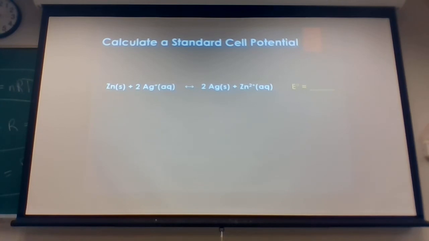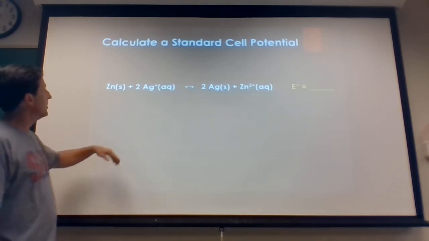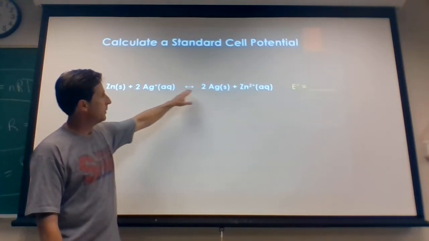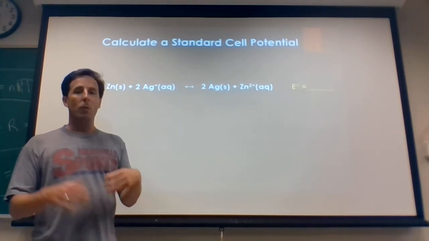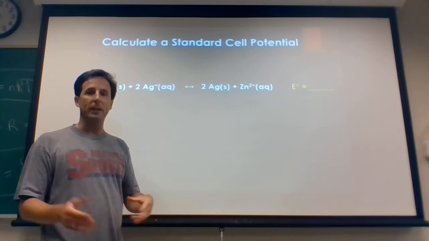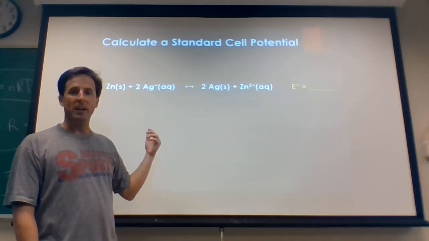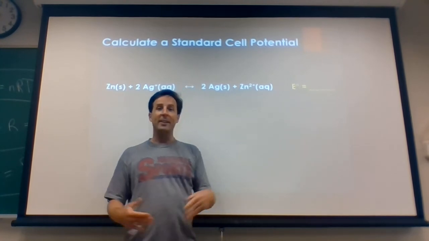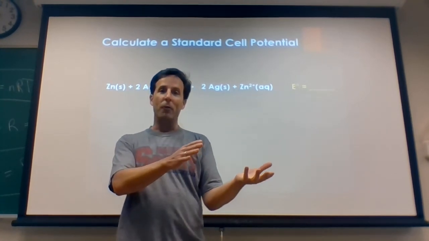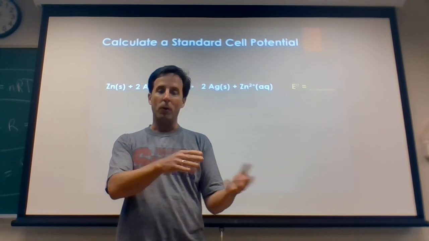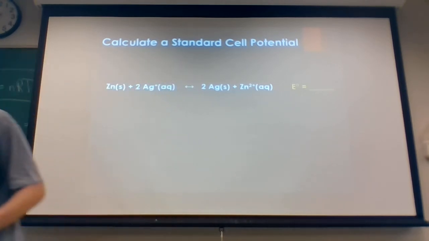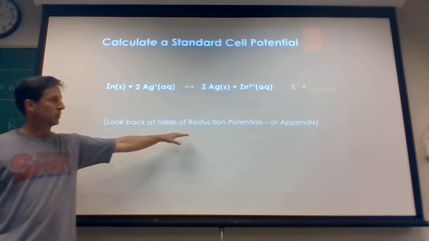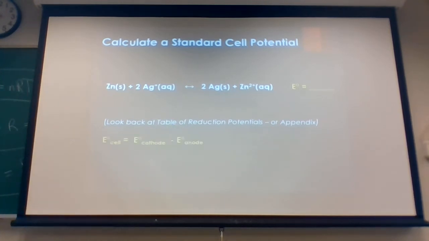So, if I had a reaction and I asked you, okay, zinc is going to be oxidized, silver is going to be reduced, what would the standard cell potential be for this electrochemical cell? How would I calculate E naught? The answer is I'm going to look back at my reduction potential table, or look in the appendix, and then I'm going to plug in the equation.